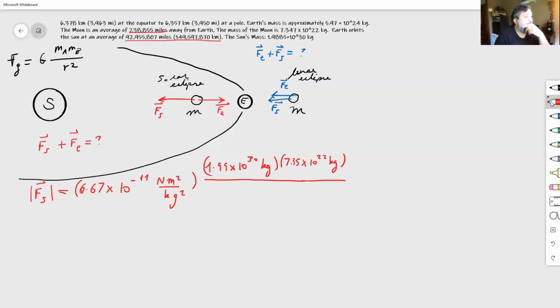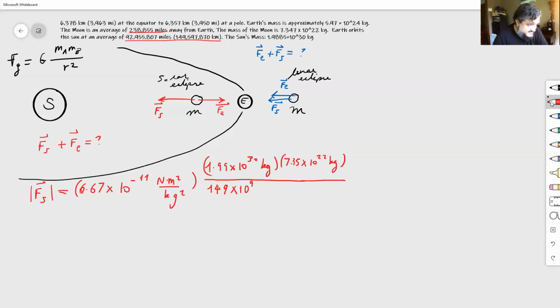All right, and for R, we need the distance between the sun and the moon. Now, you could take it approximately equal to the distance between the sun and the earth without any trouble. But for now, let me just write it explicitly. So I'm going to take the distance between the earth and the sun, which is 149 million kilometers, 10 to the 6, that's million.